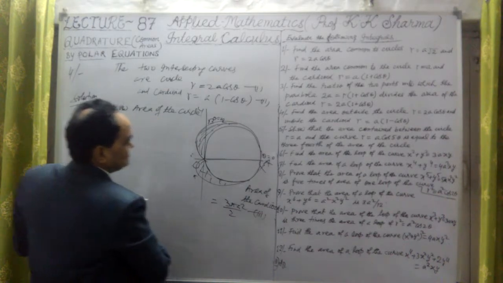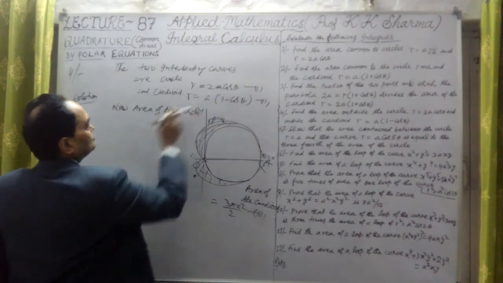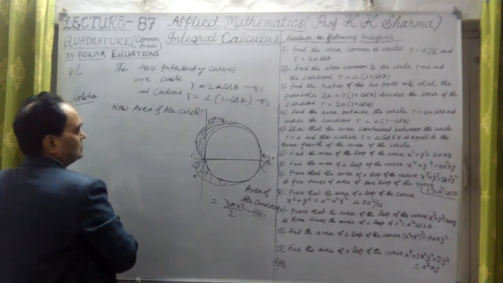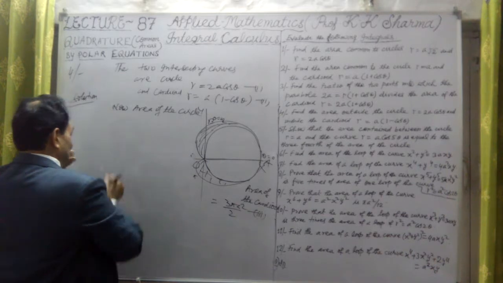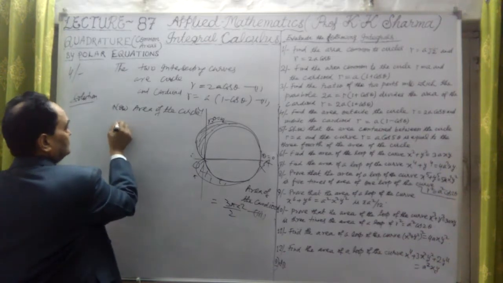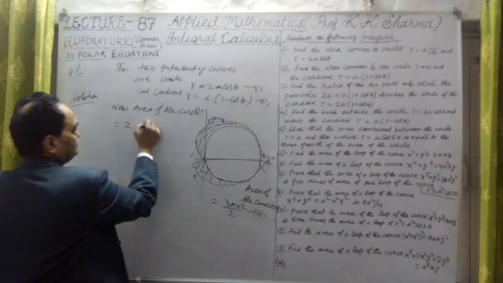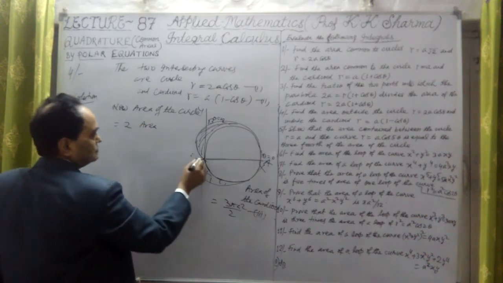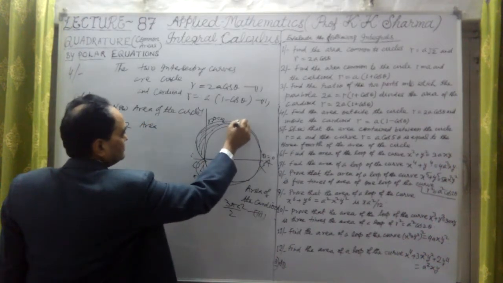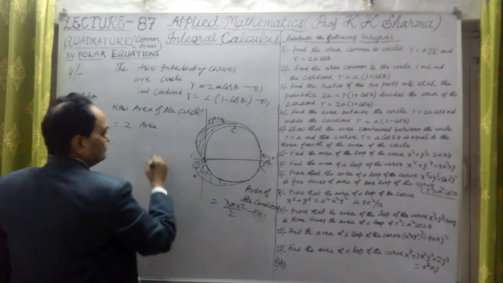Okay, so the area of the circle is this one, r equal to 2a cos theta. So total area of the circle we have to find out. Total area of the circle is equal to twice area OA. Let me take here C. This is the point C.